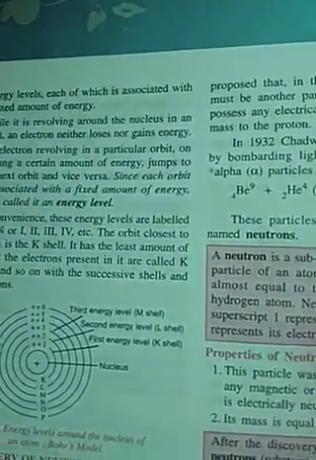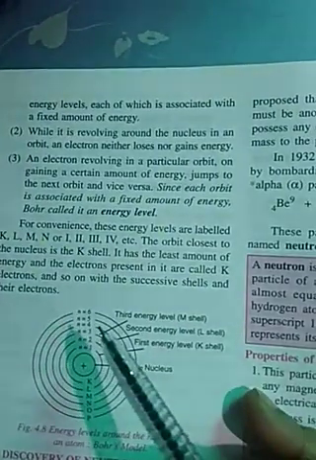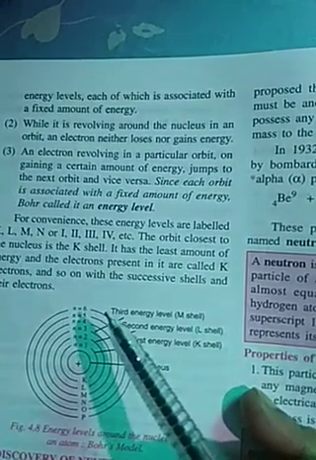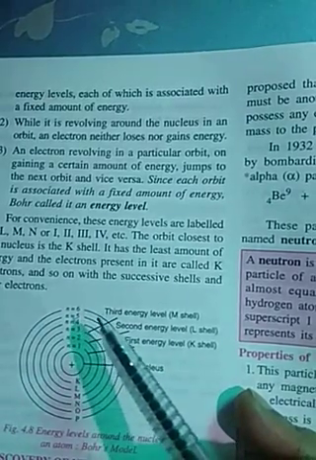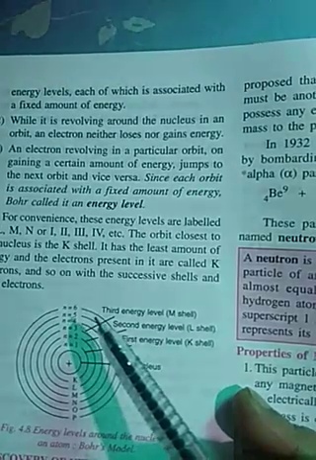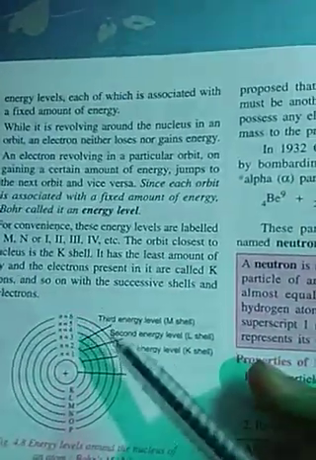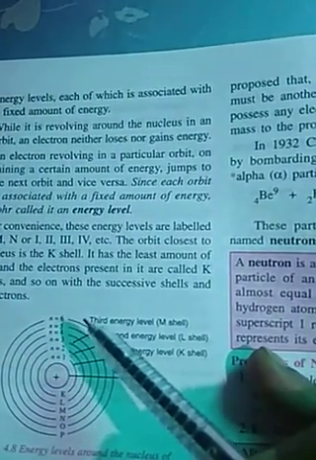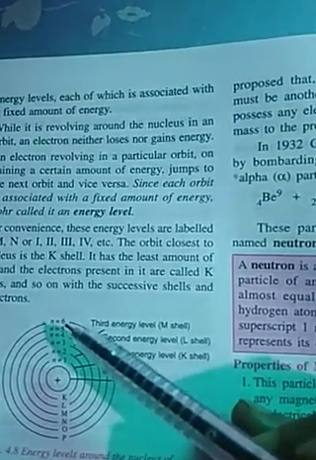In some cases, if it gains energy, it jumps into the next shell, or if it loses energy, it comes down to the inner shell. Going upper means, if it is in the fourth shell, after gaining energy, it will go to the fifth shell.